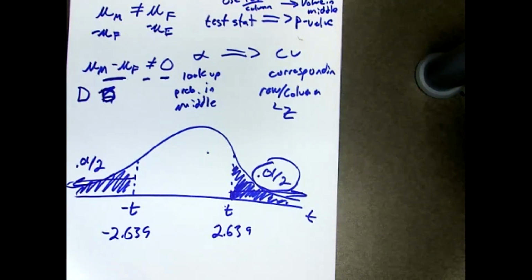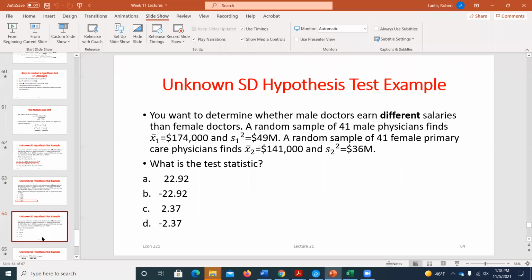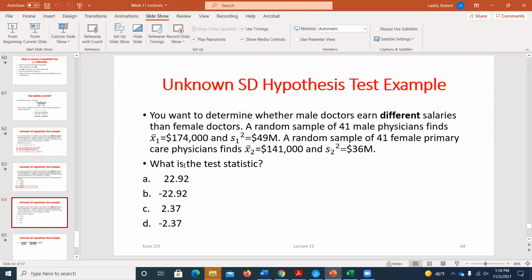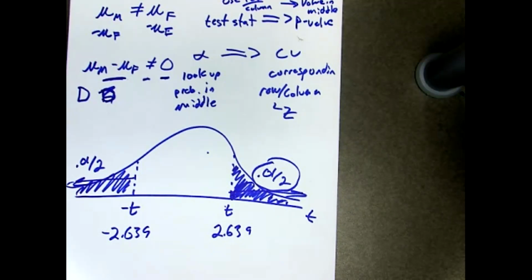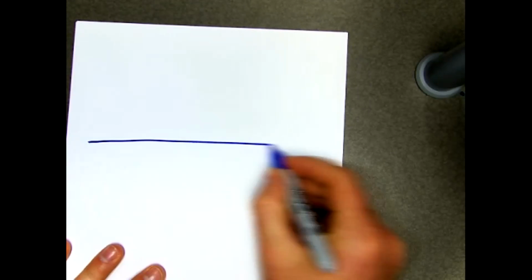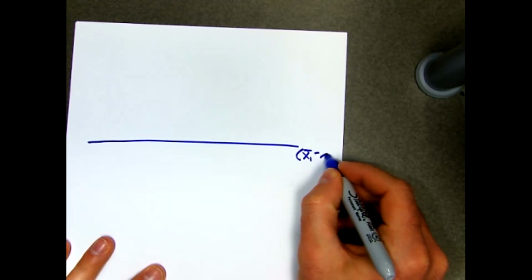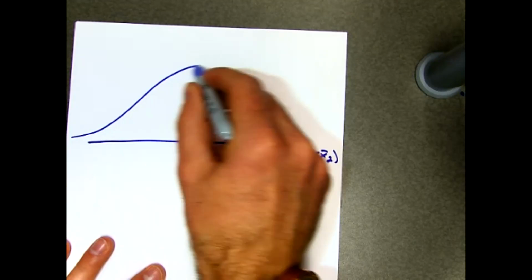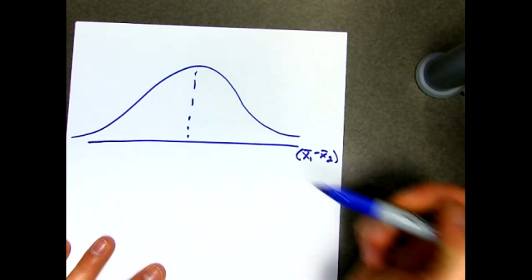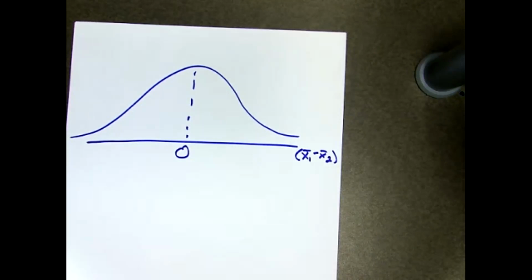So the next step is going to be, I've got to find my test statistic here. Okay. Now, if I look at the sample difference that I found, so I've got 174 and 141,000. Okay. So what I'm thinking about is, I know the distribution for the difference in these sample means should be kind of centered around that assumed true difference, which I'm always using 0 here.